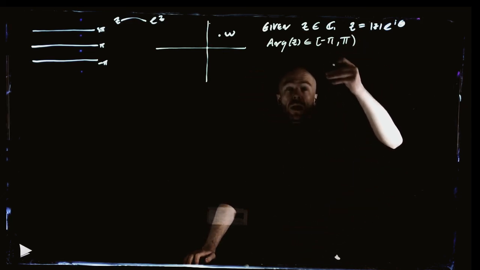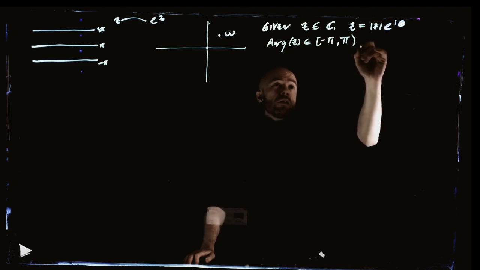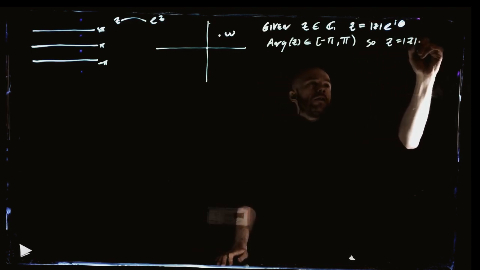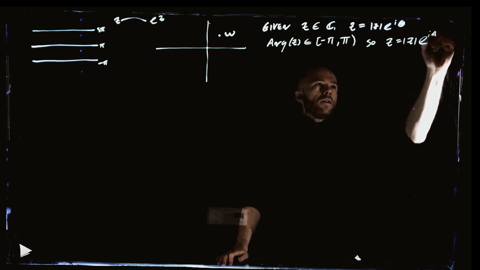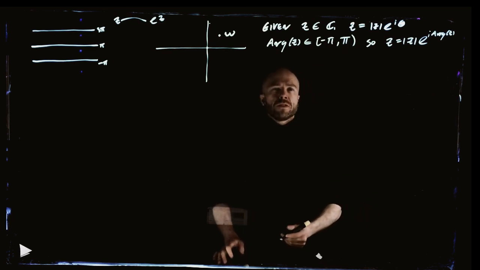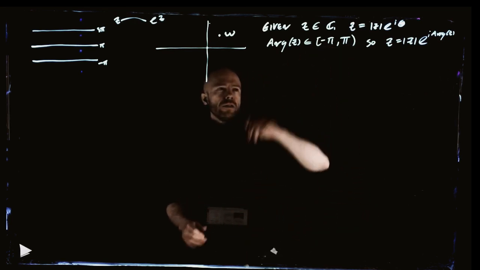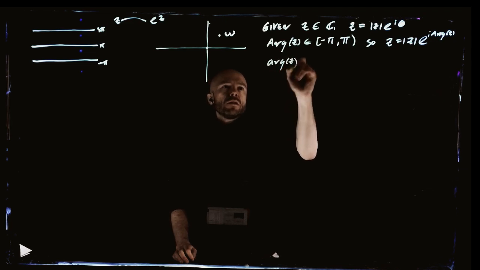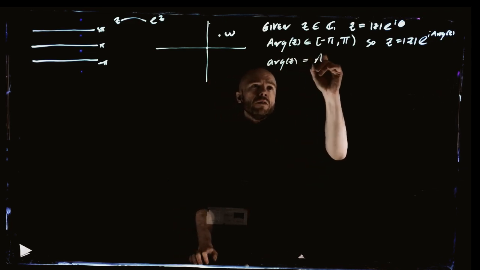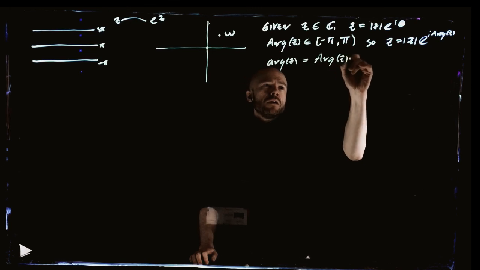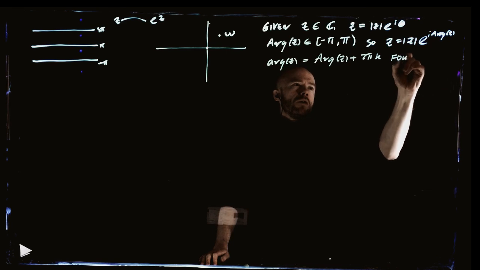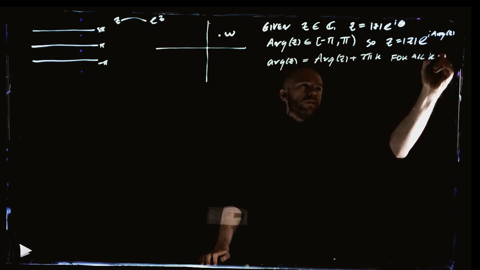There's only one guy which will satisfy this, so that z is equal to mod z e to the i arg of z, right? That's the one representation of the angle inside this particular interval. And this thing we're going to define to be equal to arg of z plus 2 pi k for all k which are integers.